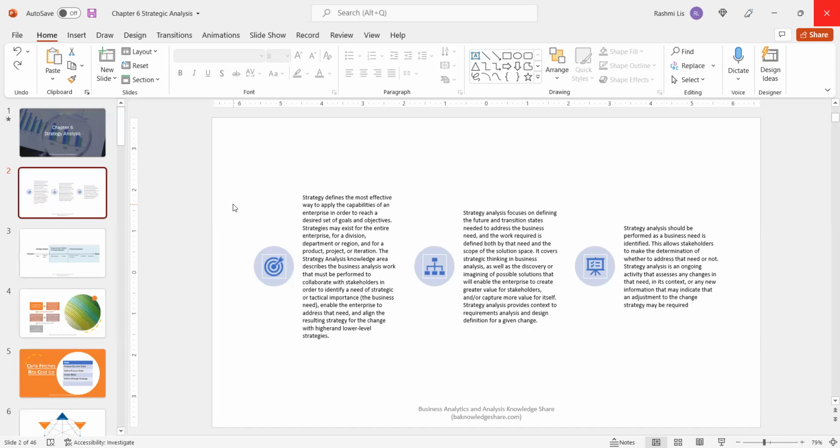So you know that's coming from, say, for instance, the government, and what you are responsible for as a business analyst is to understand what the current state is for what you're doing in your enterprise, and try to identify, well, how do you bridge that gap between where you are currently to meeting that regulation requirement. So that's kind of a good example of strategy analysis that a business analyst would perform.